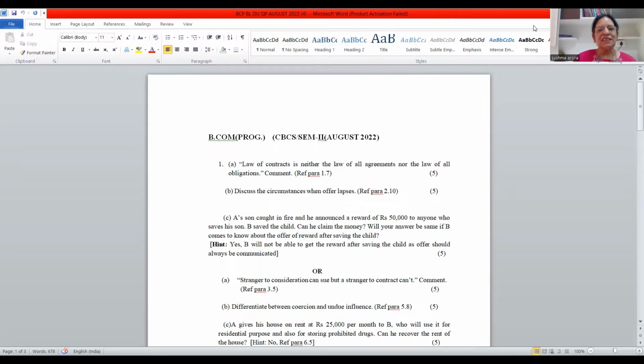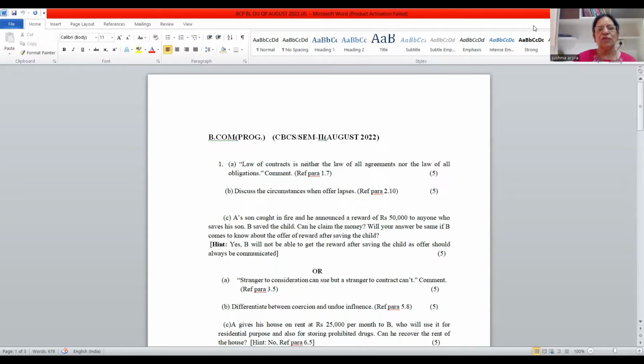But there are certain cases when the offer will lapse. The offer will come to an end. Say, for instance, A has given his offer to sell his computer to B for 20,000 rupees. But B has not accepted this offer. Then the offer will come to an end. Or B says, okay, I will pay 15,000.